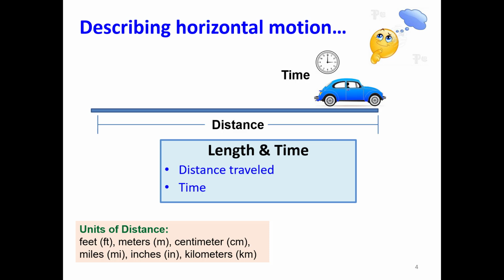Other units we also use are miles, inches, or kilometers. And time can be seconds, hours, days, years. Then we can describe the motion of this car based on these two fundamental quantities, distance and time.